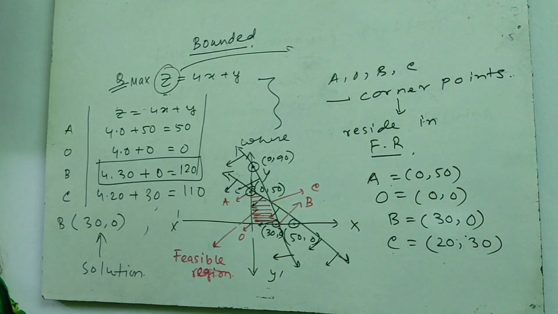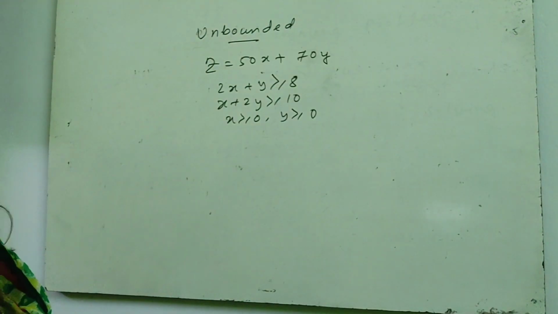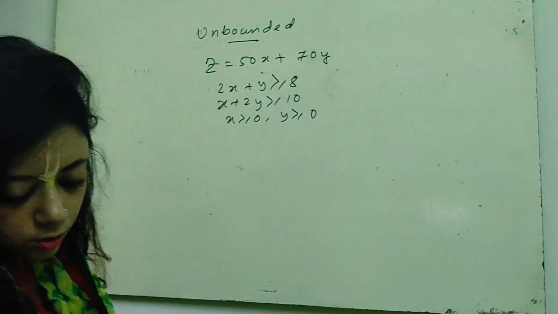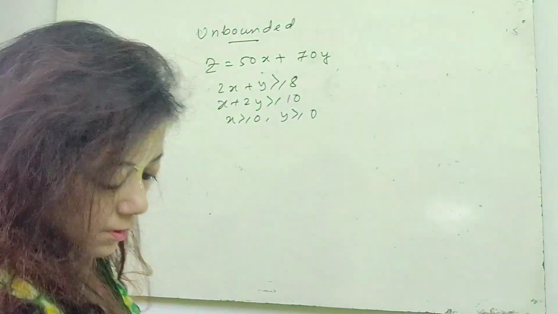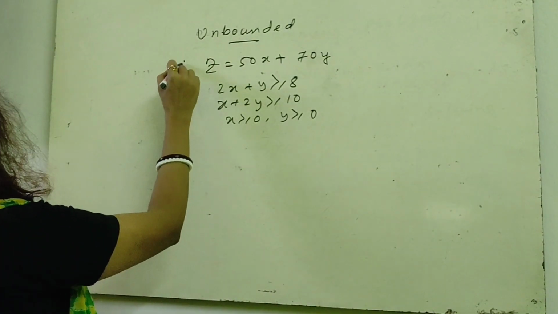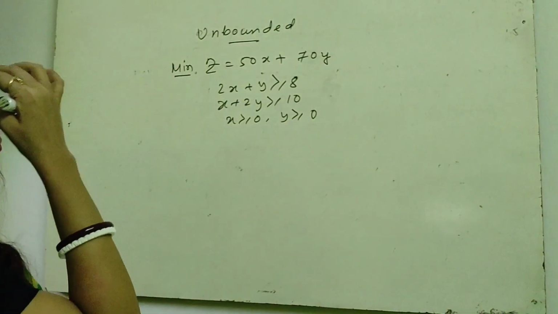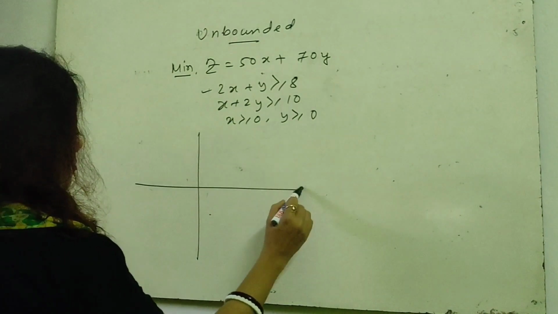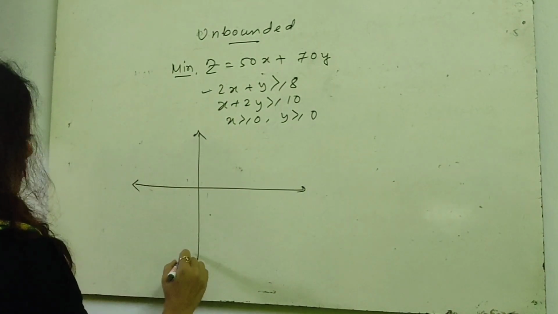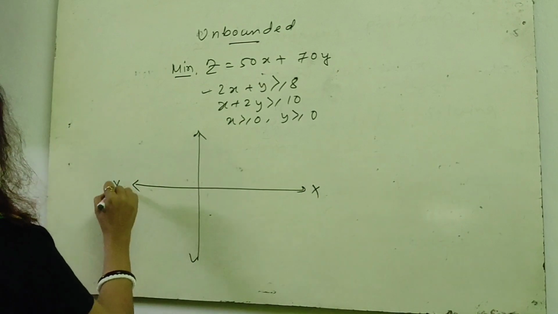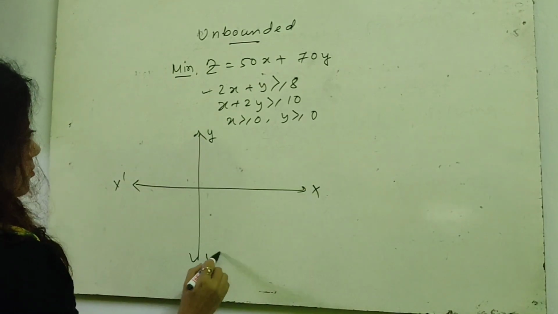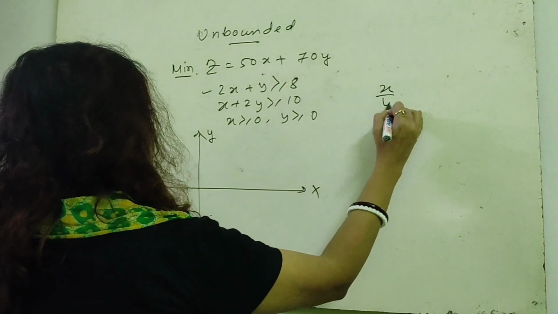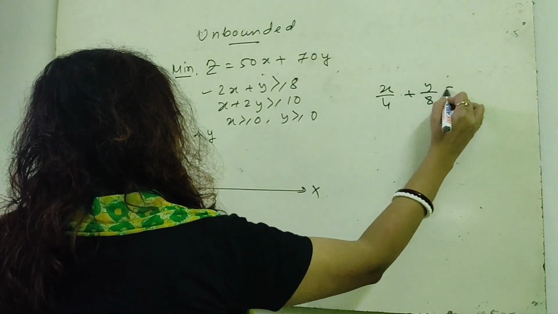Okay, so this is an unbounded one. They have told you to find the minimum value. This is a minimum one. Okay. So let's first draw this. x by 4 plus y by 8 equal to 1.